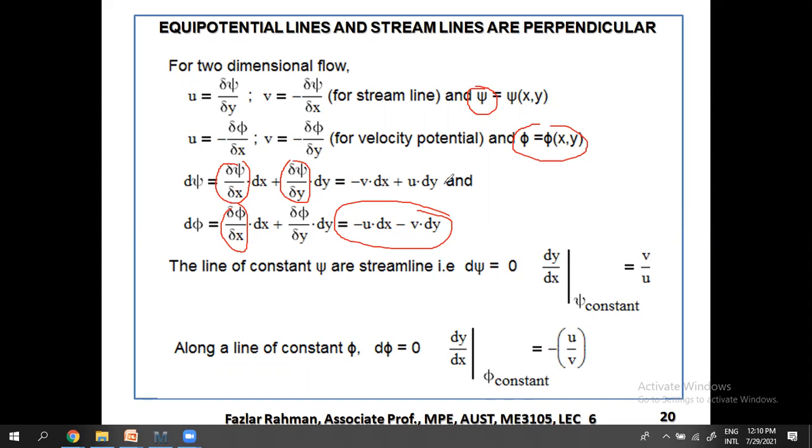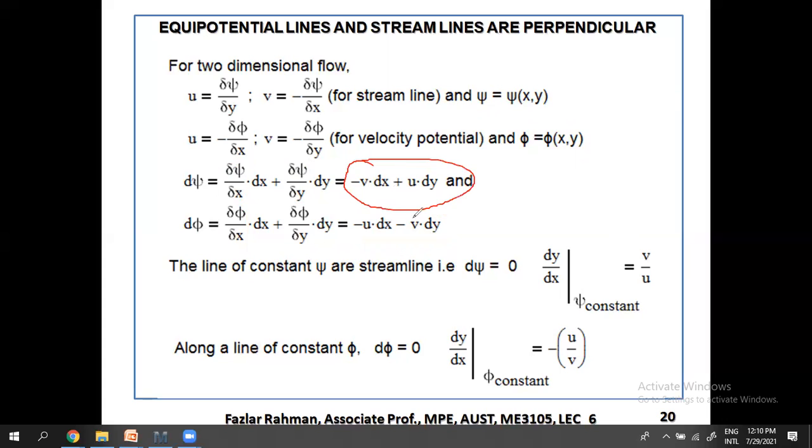Now, along a streamline, we already showed before that psi is constant. Psi is constant, that means the difference of psi between two points will be how much? Zero. So no difference of psi, so this one is 0. I can say d psi equals 0. If this equals 0, then I can figure out the slope.